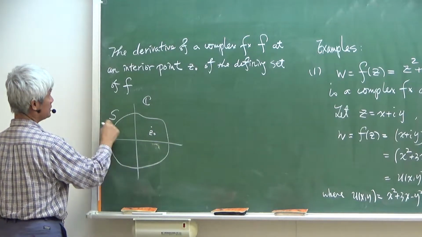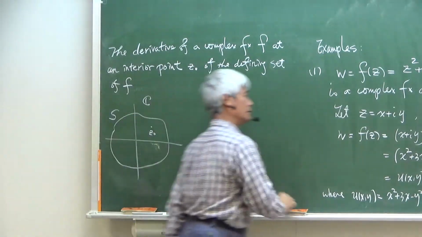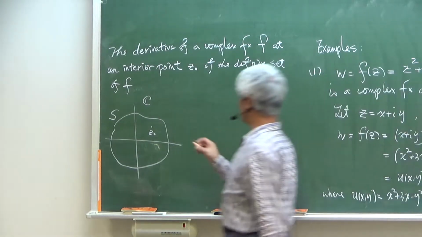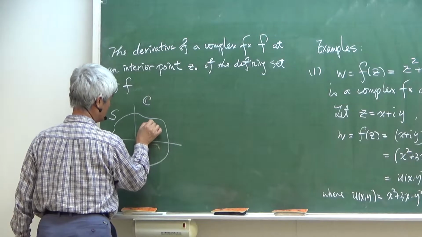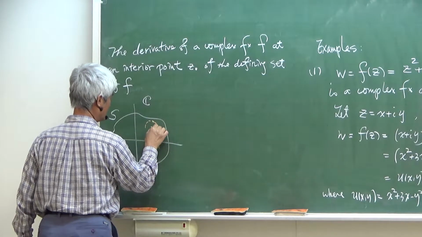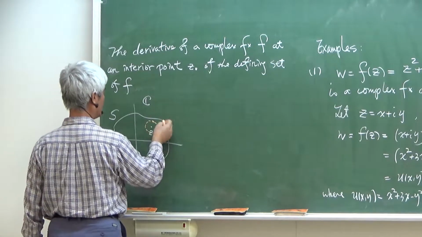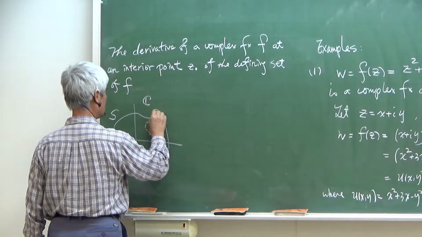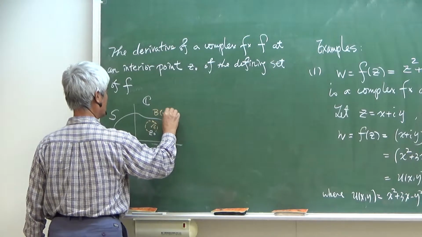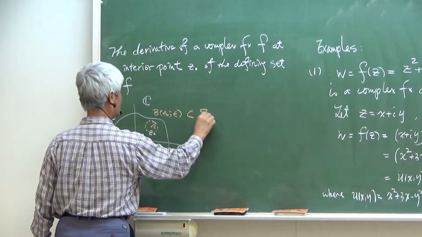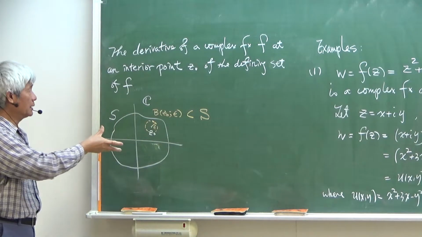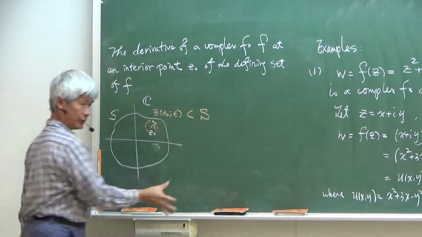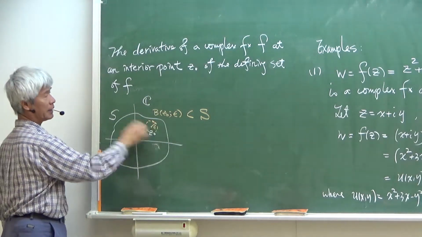If z0 is an interior point, it means that we have a neighborhood contained in S. Having a neighborhood contained in S means that the function f has a value at each point in the neighborhood of z0.